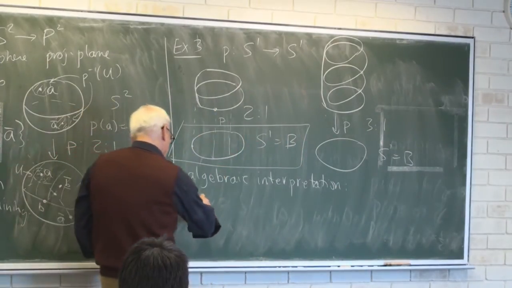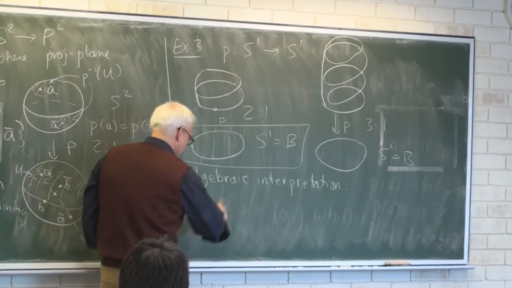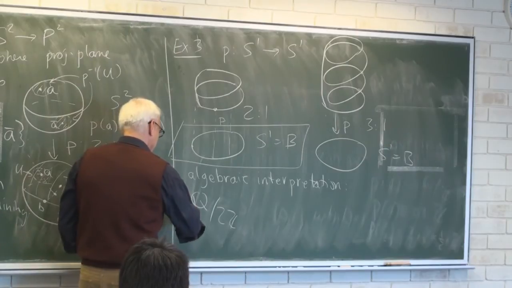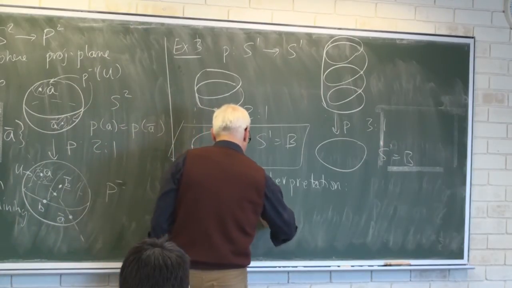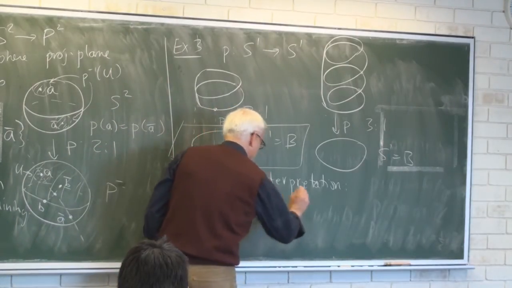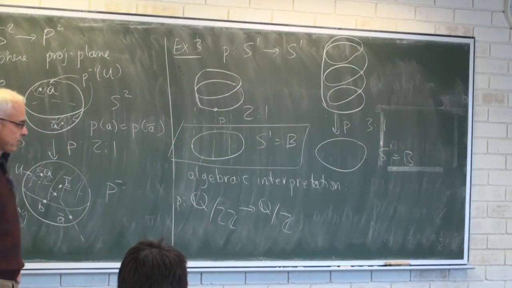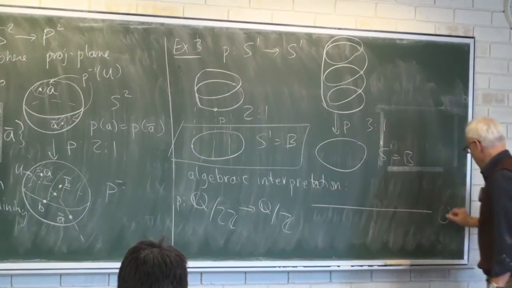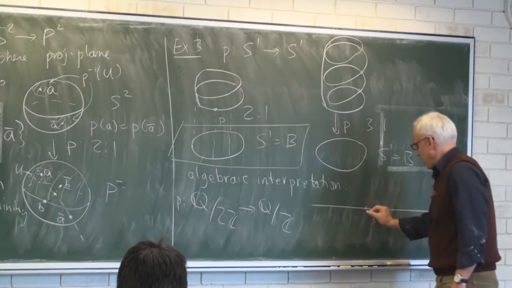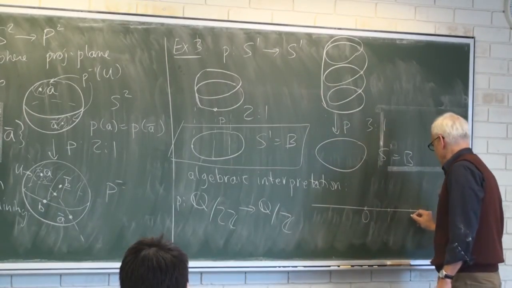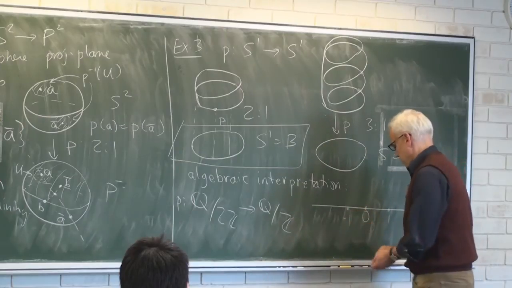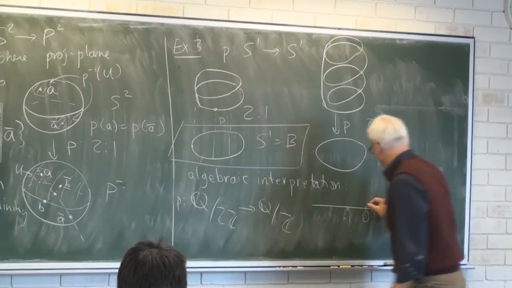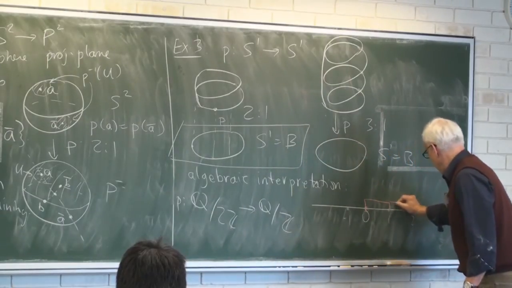We could think of it as being a map between Q over 2Z and Q over Z. If we go back to the line Q and our integers, we said that the integers themselves form this subgroup.